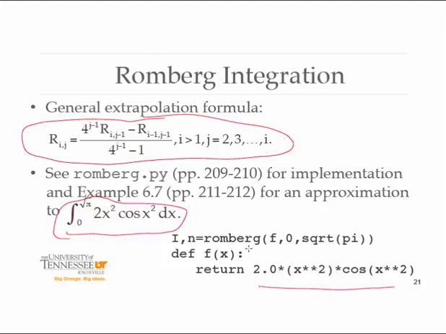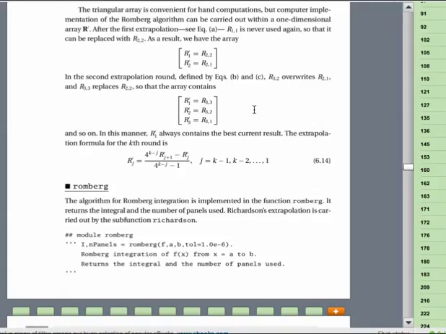It's very easy because it's just going to take that function and the limits of integration, and return your integral approximation and the number of extrapolation steps that it took to achieve some default accuracy. So let's look at this code that implements Romberg integration. Remember, this is just doing Richardson extrapolation with the composite trapezoidal rule, as indicated in the book.